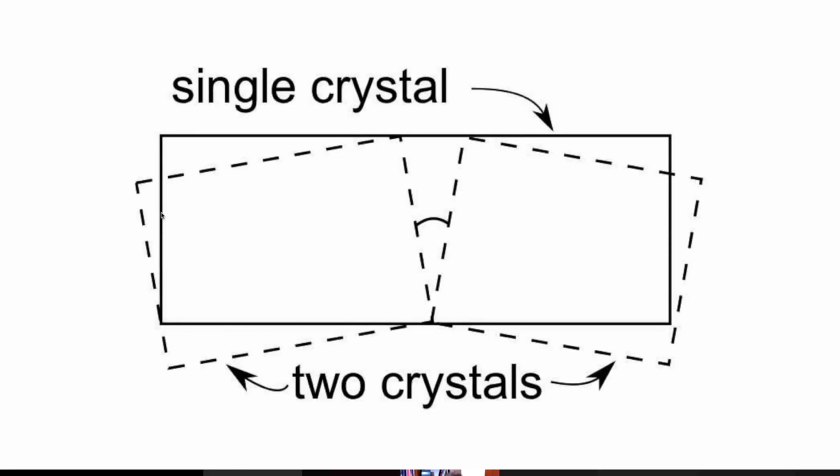So supposing we start off with a single crystal here, and then I slice it into half, and then I tilt the two halves of the crystals relative to each other. Then I should have a boundary here, but in fact I have a space left, okay? What can I fill that space with?